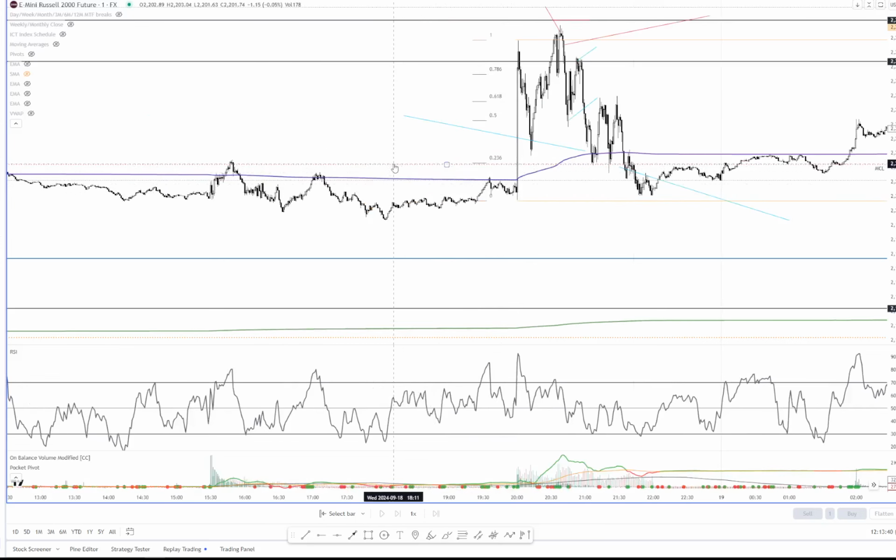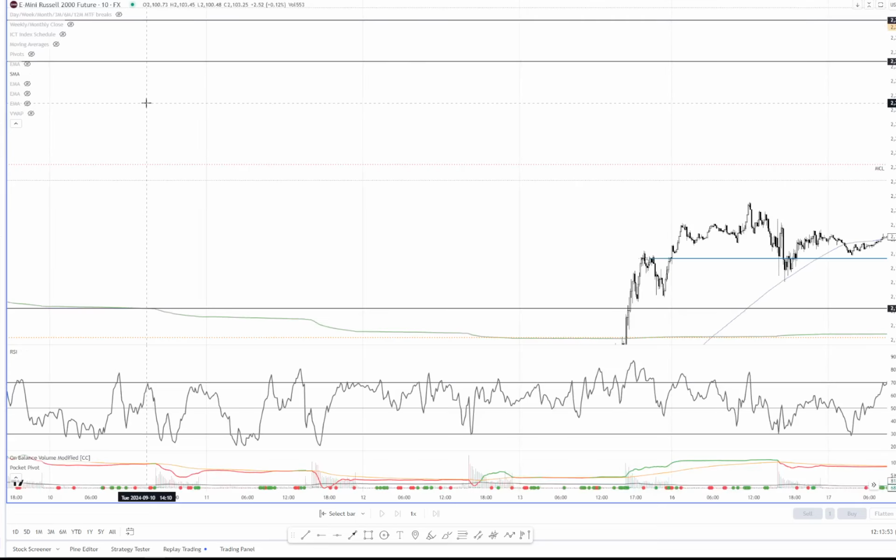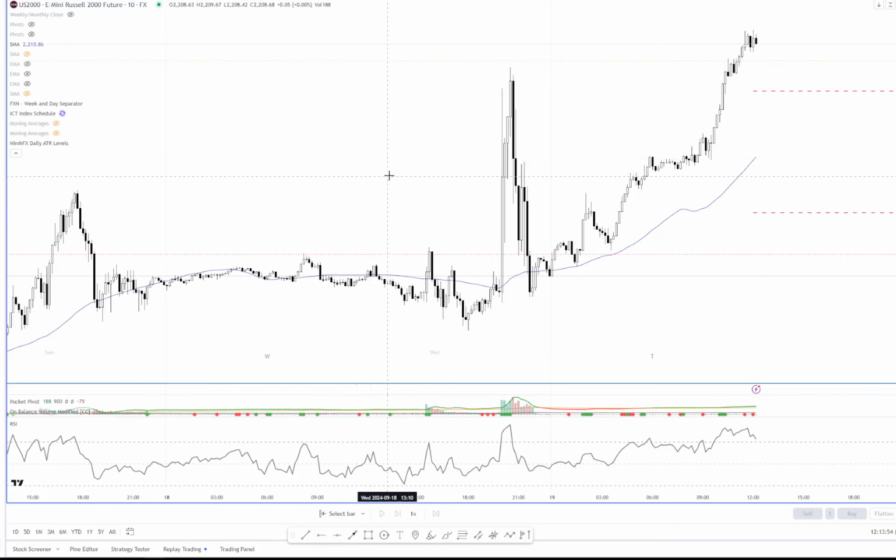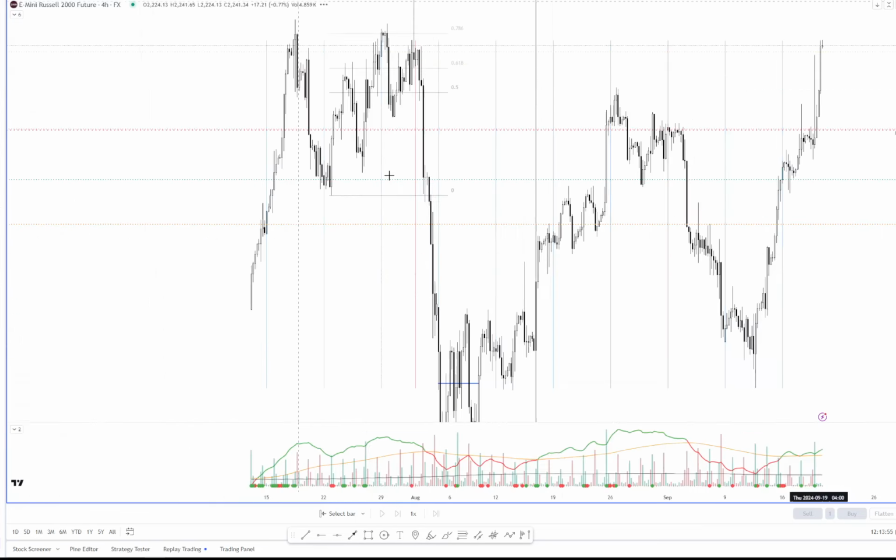But I actually had a level here for the monthly close. If I go to 10 minutes, I think I see... No, okay. On the 4 hourly, I have it visible. I only show it on the 4 hourly, so it's not in the way.